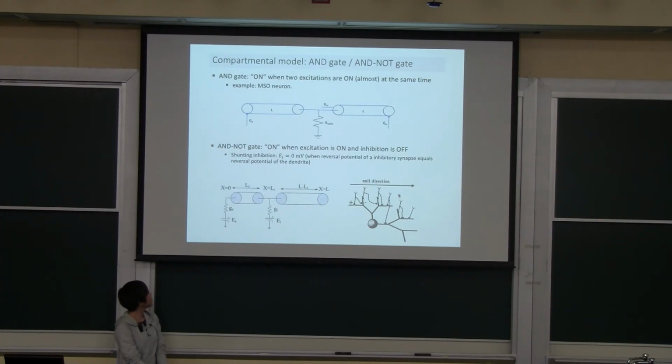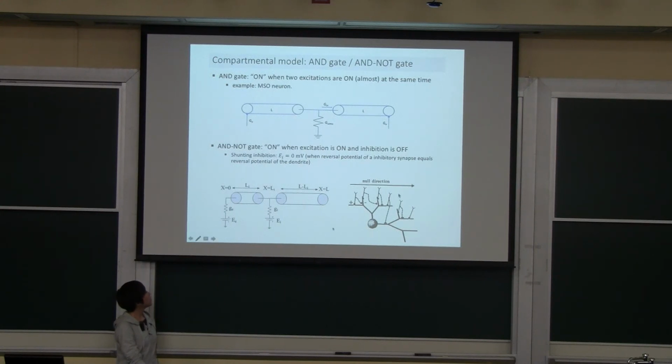So if you consider this part is soma, then if you turn on this, and if you also turn on this, that means this injected current will be leaked from this input, because you have another inhibitory input here, right? So this is called shunting inhibition.